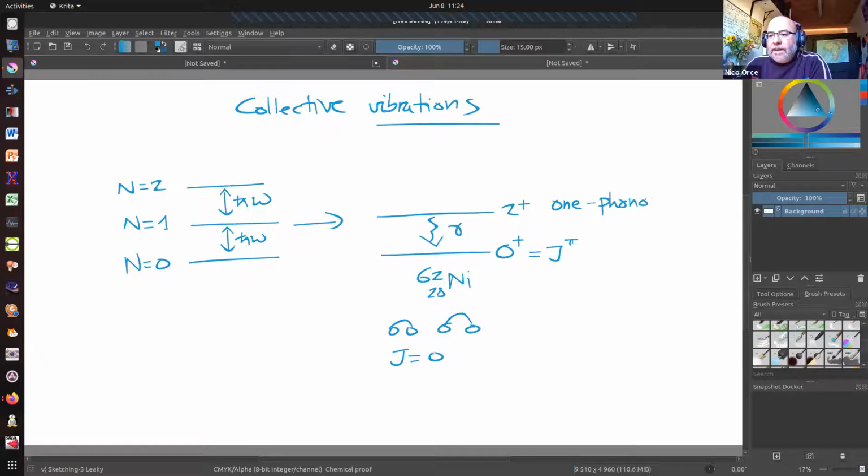The 2 plus, we call this the one phonon state. So the phonon takes J equal 2 units of angular momentum, 2 h bar. Remember, the units are always in h bar.